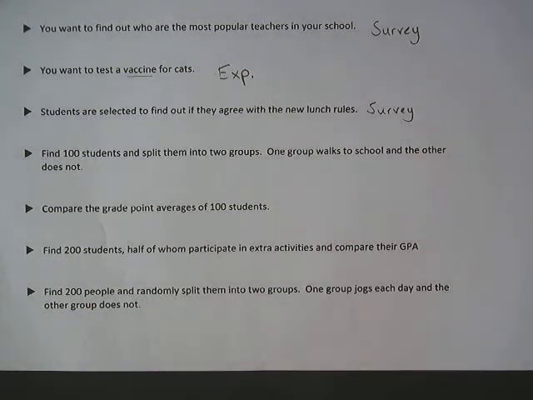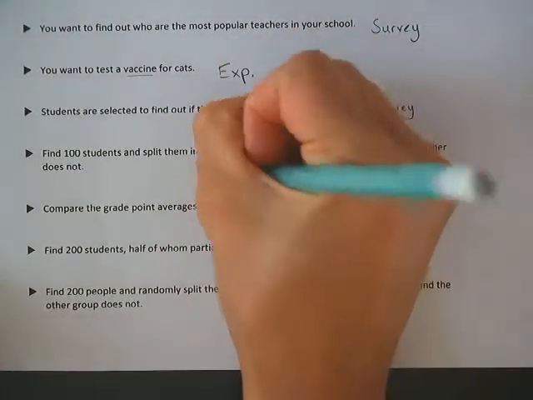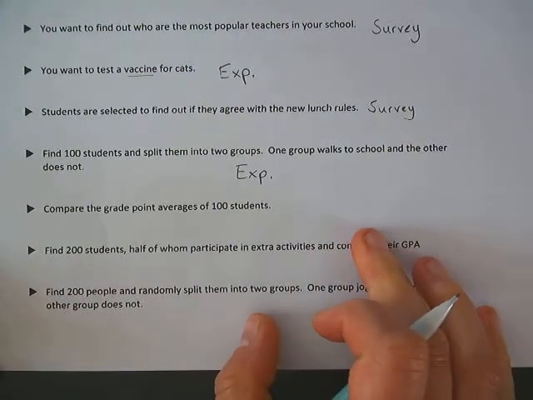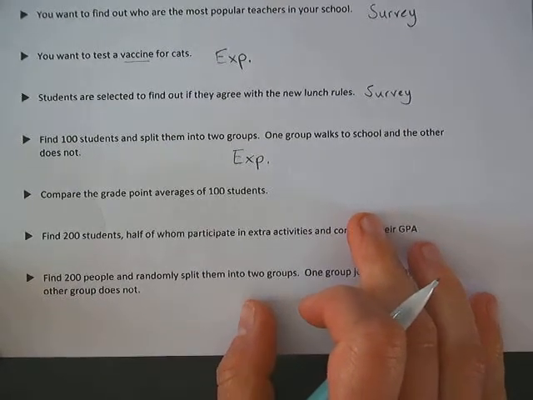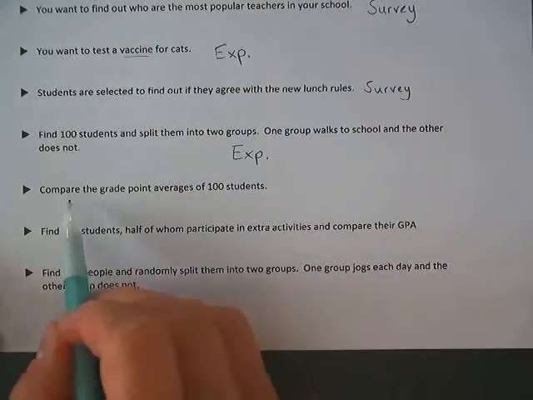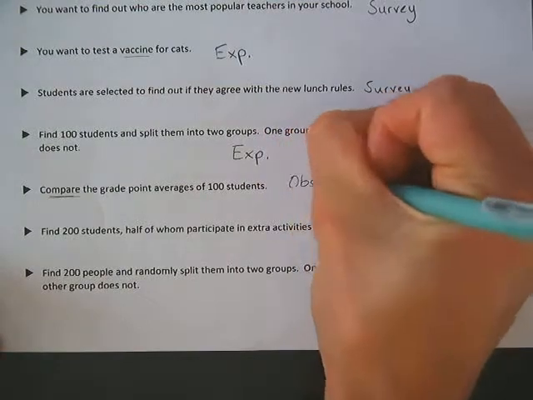With this one, you are splitting them into 2 groups, hopefully randomly, and you're making one group walk to school and the other not. Because you're making one group do something and the other one, I guess, would be your control group, that would be an experiment. The next one, compare the grade point averages of 100 students. Well, you're comparing, you're not really doing anything. So that would be an observational study.